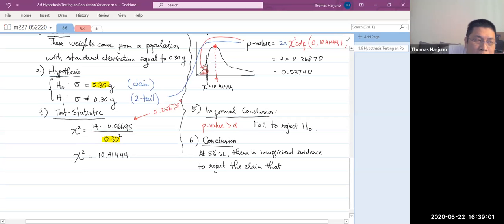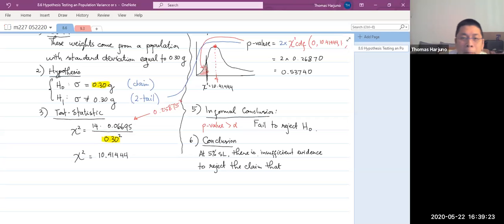It's more appropriate to say there is insufficient evidence to reject. We don't have enough data to say the claim is wrong, to say the claim is not supported. No, we don't have enough data to reject it.